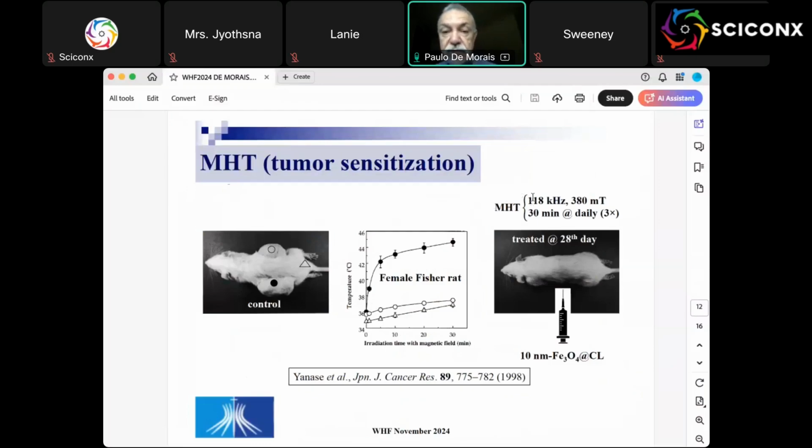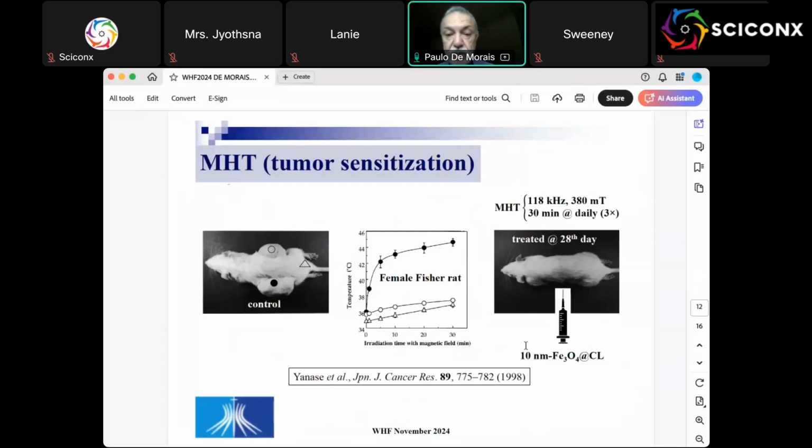This is the frequency of the field they applied, and the amplitude was 380 millitesla. They applied it for 30 minutes, as you can see in the plot, and 3 times a day. After 1 month of treatment, you can see both tumors completely removed from the body.